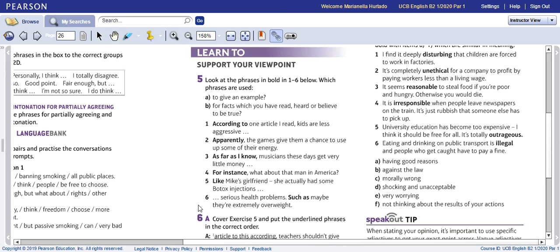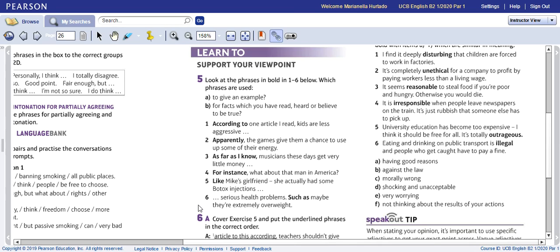A, to give examples, or B, for facts which you have read, heard, or believe to be true. The words in bold are number 1, according to, number 2, apparently, number 3, as far as I know, number 4, for instance, number 5, like, and the last one, such as.